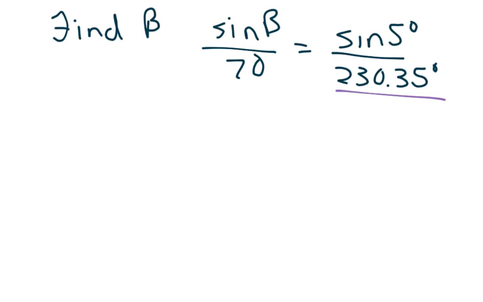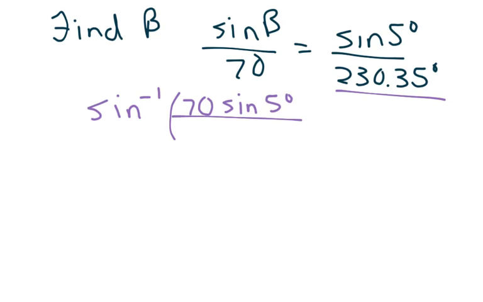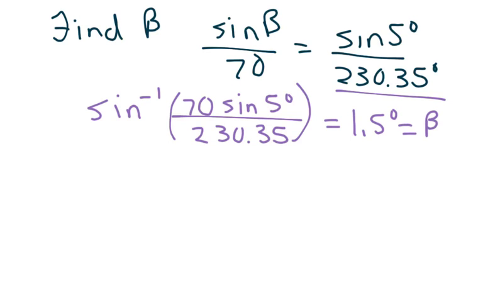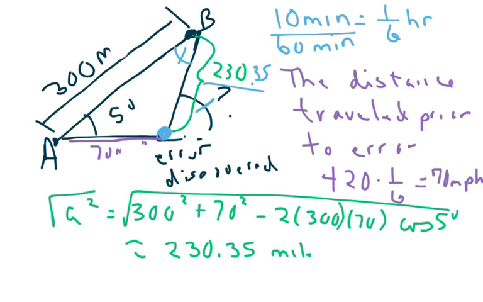You cross multiply, and basically you're going to get sine inverse of 70 times sine of 5 degrees over 230.35 miles equals 1.5 degrees, which equals your beta. That's not the answer, that's just beta.